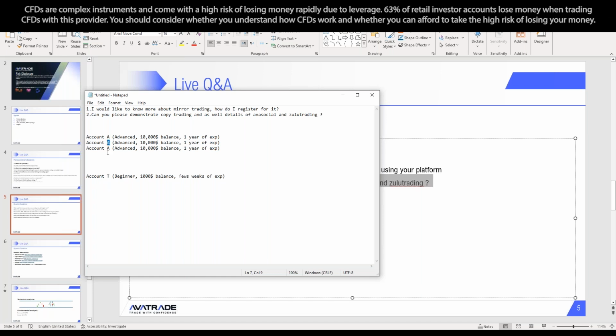Let me change the order here just so it will be a bit more understood. You guys will understand in a moment what I'm doing here, okay?